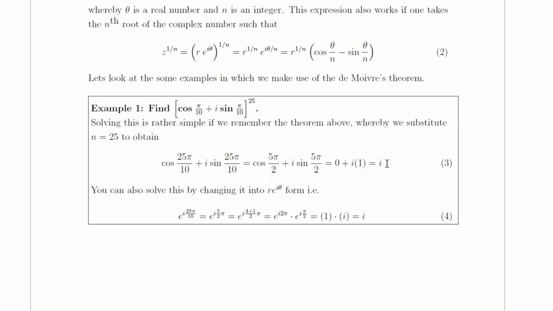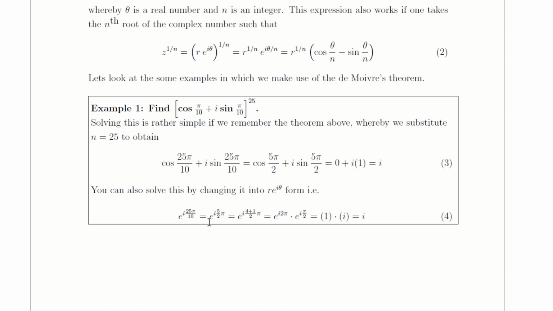Now you can also solve this if you remember that cos π/10 plus i sin π/10 is equal to e^(iπ/10). So e^(iπ/10) to the power of 25 will give you exponential i 25π/10.